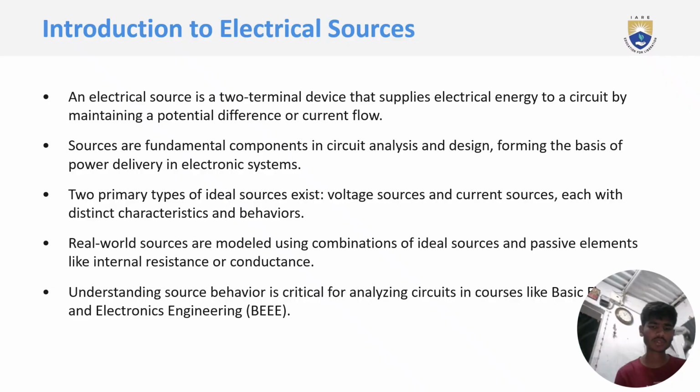Two primary types of ideal sources exist: voltage sources and current sources, each with distinct characteristics and behaviors. Real world sources are modeled using combinations of ideal sources and passive elements like internal resistance or conductance. Understanding source behavior is critical for analyzing circuits for courses like BEE.